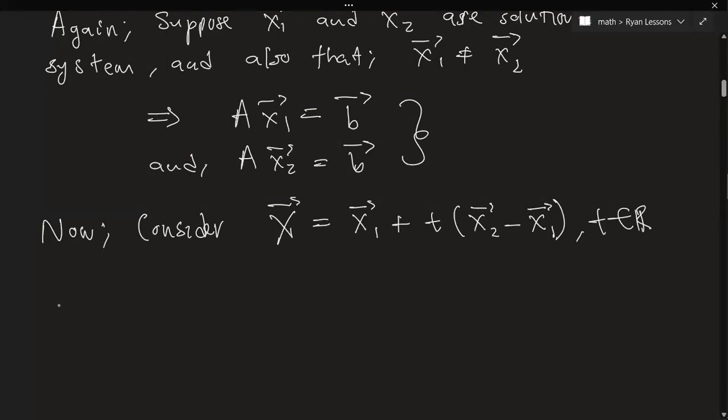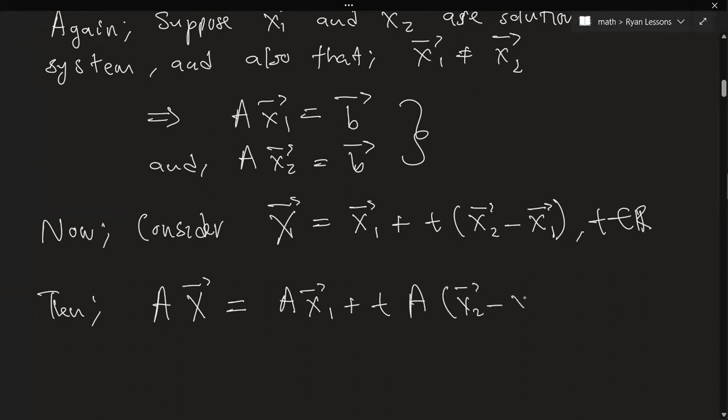To show this, I'm going to multiply by A on both sides. If I multiply by A on both sides, I'll get A times big X is equal to AX1 plus T times the bracket AX2 minus AX1. So what does that give us? Remember, X1 is a solution, so the product A times X1 will give us B. So we get B plus T times, A gets inside by the distributive property, AX2 minus AX1.